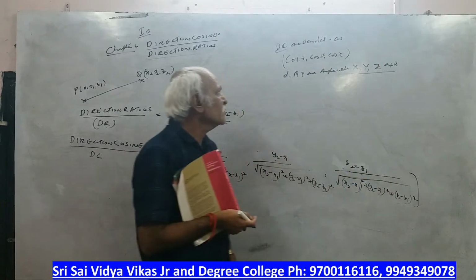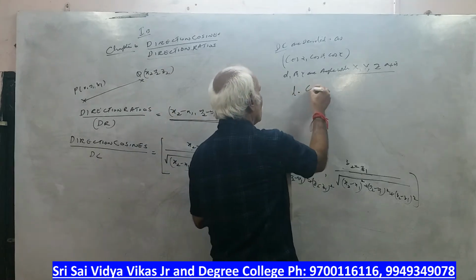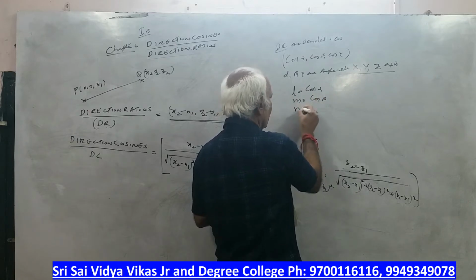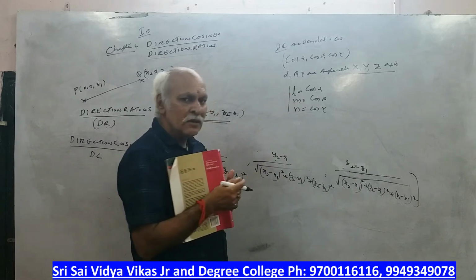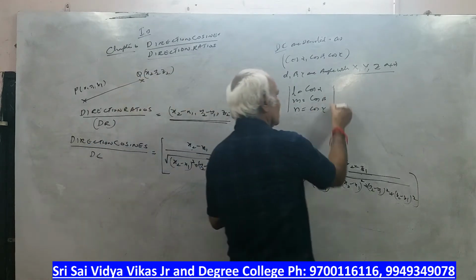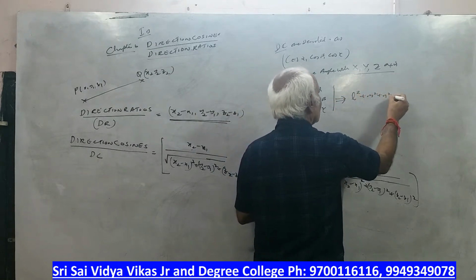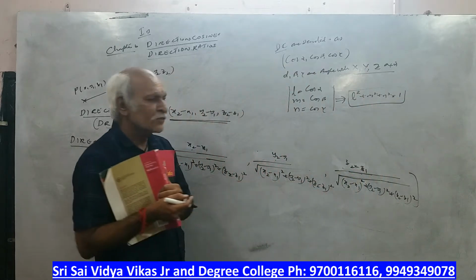We declare L is equal to cos alpha, M is equal to cos beta and N is equal to cos gamma, such that L square plus M square plus N square is equal to 1.